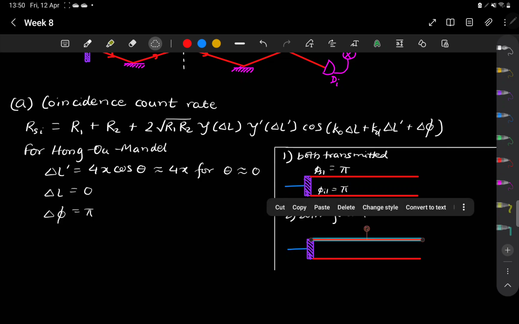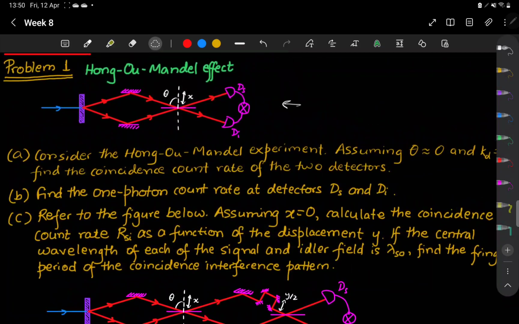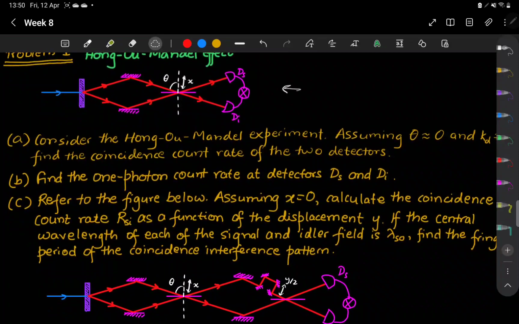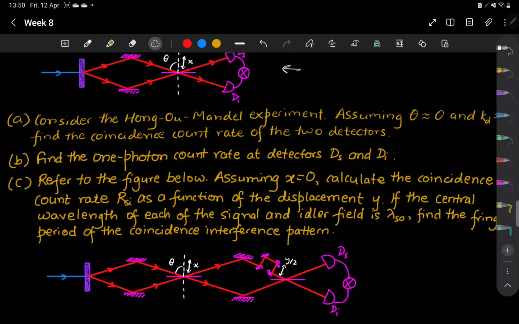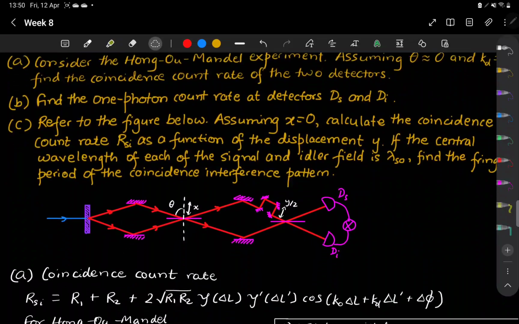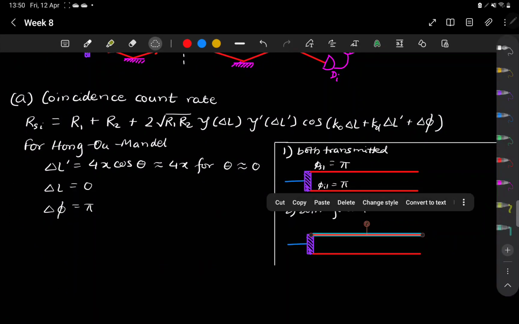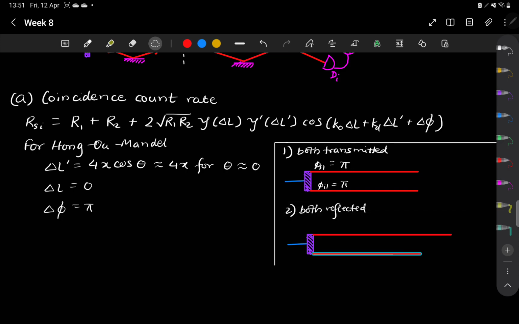So the signal photon, if that is increasing, then the idler photon will decrease by the same amount.